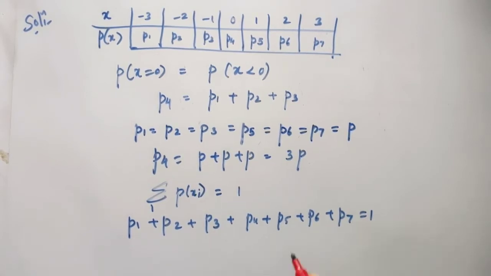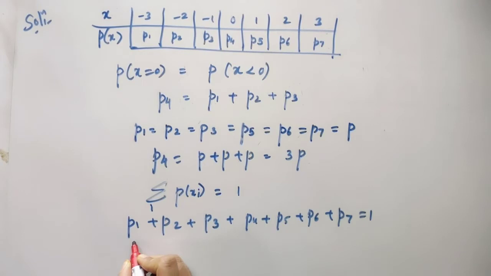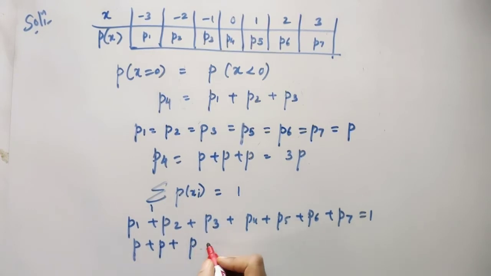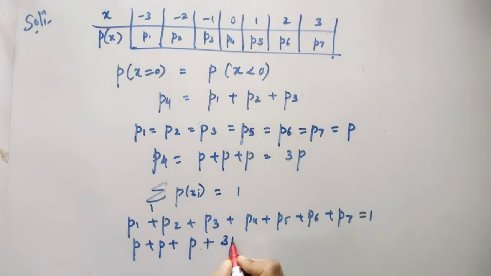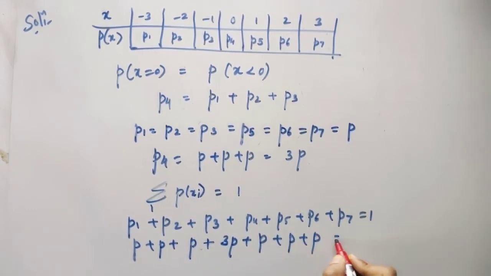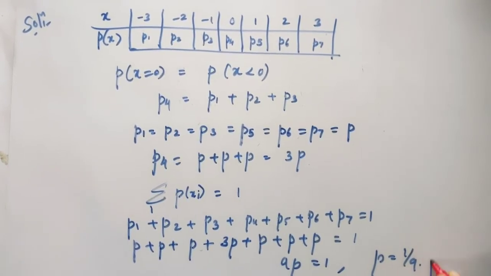Since all of these values except p4 are p, we replace them by p. Up till p3 it is p, but p4 is 3 times p. So 3p plus p plus p plus p: it is 3, 6, 9. So 9p equals 1, or p must be equal to 1 by 9.